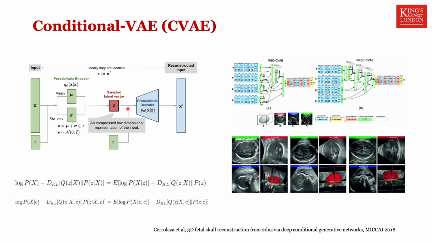And we are concatenating this variable to the sampled latent representation Z, which means the decoder now has two components of information. It has the sampled latent representation, and it has this extra variable here that allows us to reconstruct an input where this variable is influencing the output that is being reconstructed.